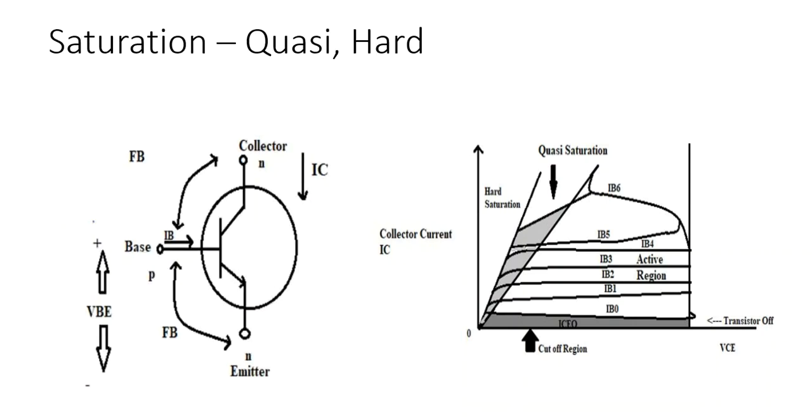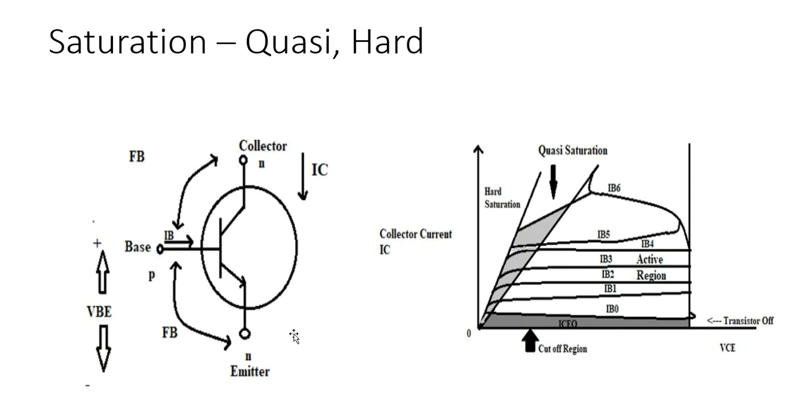Next comes saturation mode. There are two types, quasi saturation mode and hard saturation mode. Before that, what is saturation mode? In saturation mode, both the base emitter junction and the base collector junction are fully forward biased. So this power transistor, or a normal transistor, will act as a switch and completely conduct.